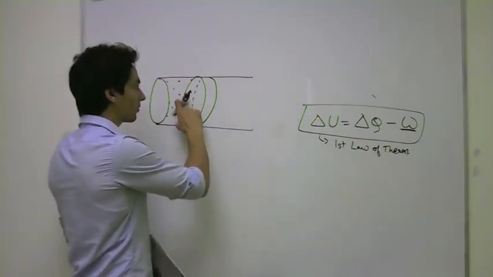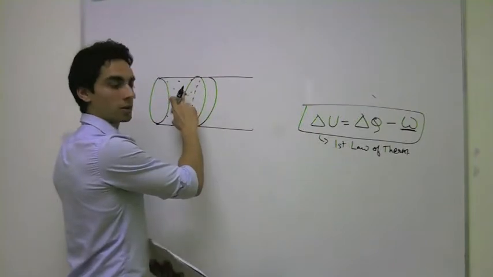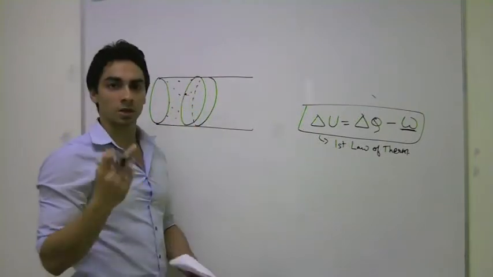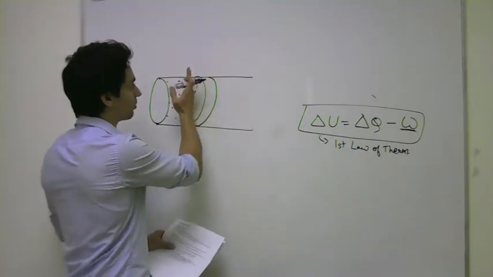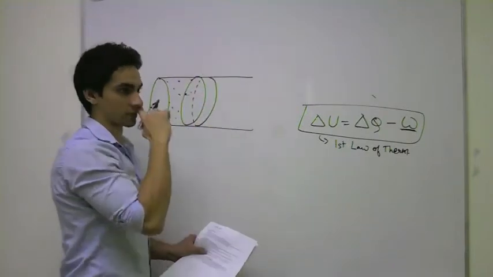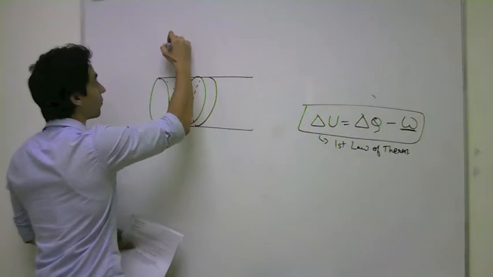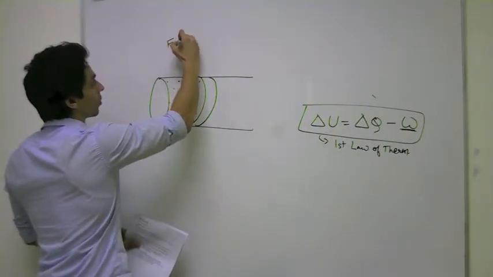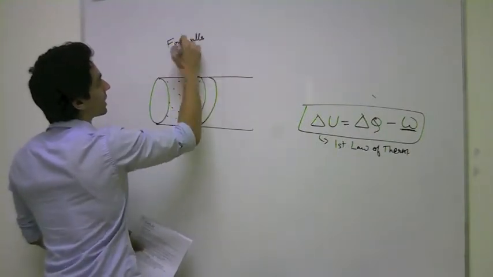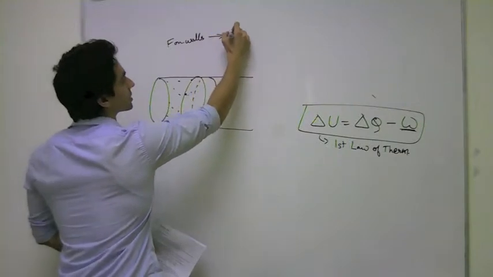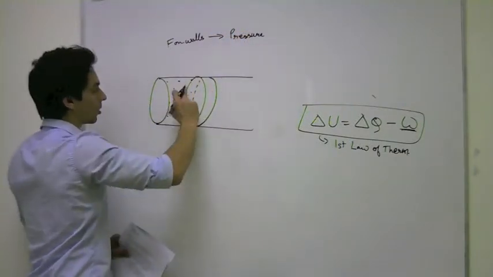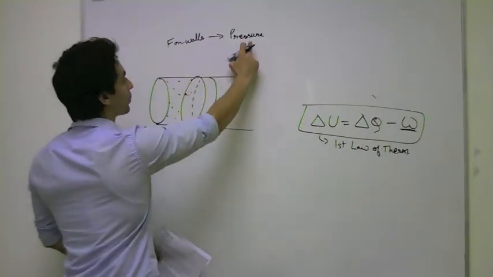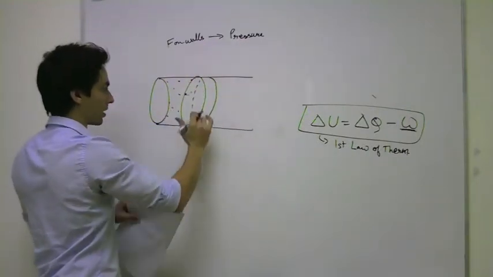If an external force was applied on the molecules, by Newton's third law an equal and opposite force must be exerted on the piston and the cylinder walls as well. This force on the walls of the cylinder is what causes pressure. The constant random motion of the molecules hitting the walls causes pressure in this container.